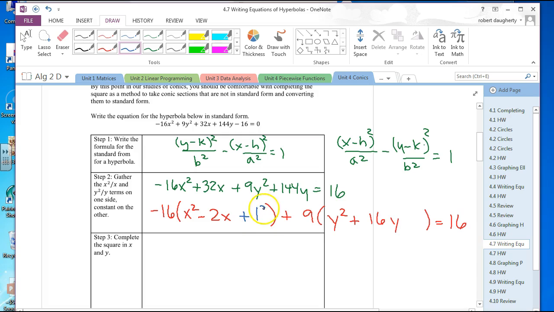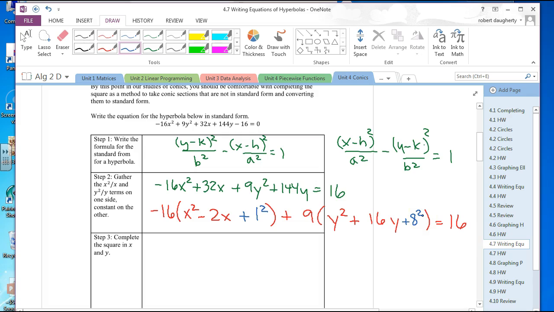So I'm going to add 1 squared, okay? You're always adding. What about this one? What's half of 16? No, because when you square it, you get a positive number. It would be negative 1 times negative 1, so it's always going to be positive when you complete the square. What's half of 16? 8, so I need to add 8 squared.